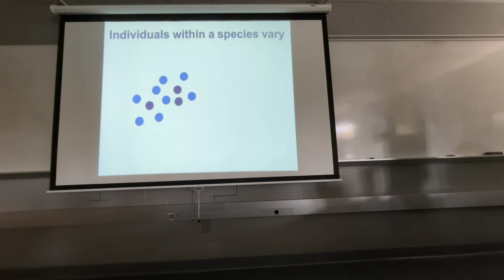We also just mentioned, and we've said it many times, that individuals within a population of a species can vary, or will vary, if they have genetic variation. So here I've added another phenotype, right? Dark circles and light circles.